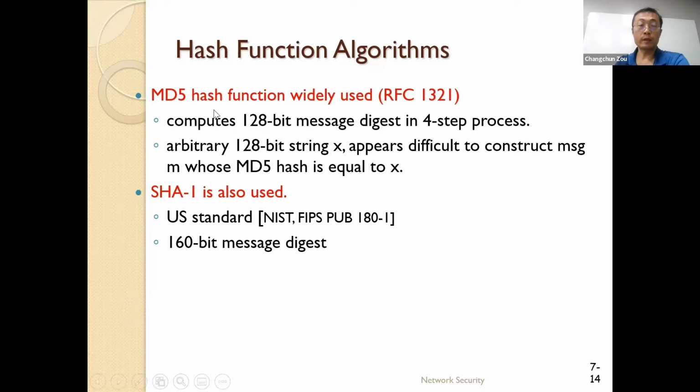Because of that, people quickly designed a second generation of hash function. SHA-1 is the standard used by the government. It's a 160-bit message digest, basically 20 bytes. The design is similar to MD5 because everything is based on DES. Of course, it's different, so it removed the discovered vulnerability in MD5.